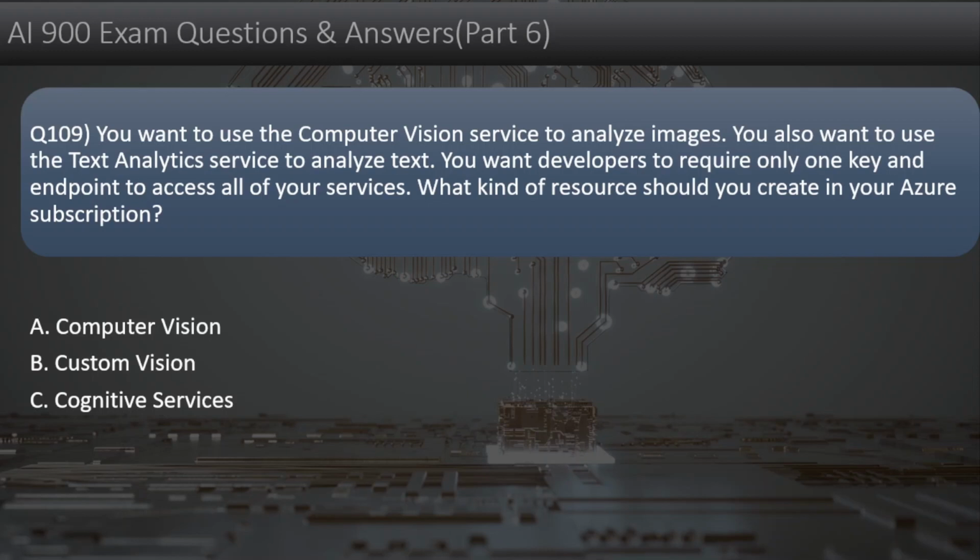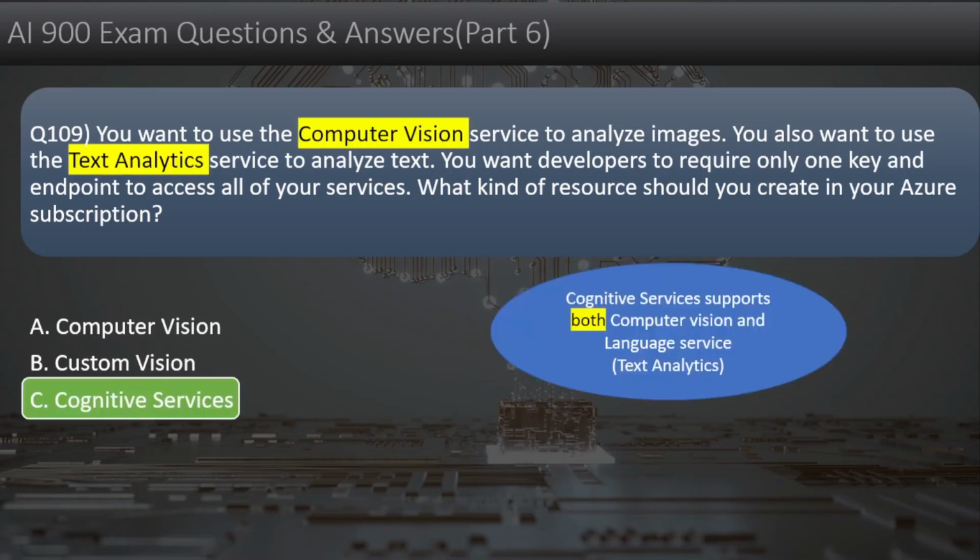Option A, computer vision. Option B, custom vision. Option C, cognitive services. The correct answer is option C, cognitive services. The cognitive service supports both computer vision and language service.